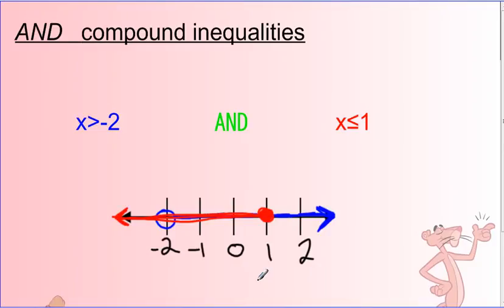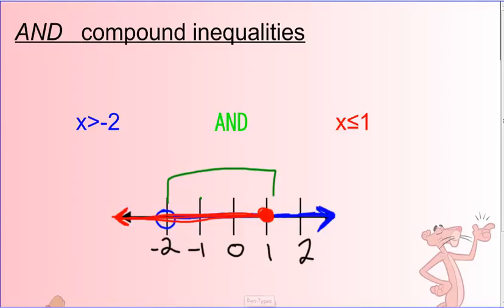So where do I have answers that are bigger than negative 2 and less than 1? That's in this overlapping region here. Negative 1, for example, is bigger than negative 2 and less than 1. 0 is bigger than negative 2 and less than 1.